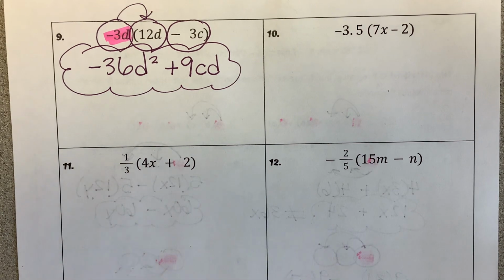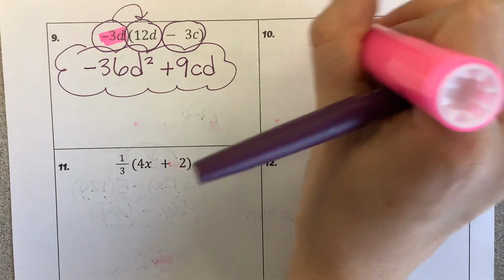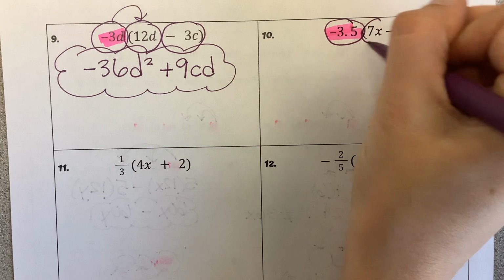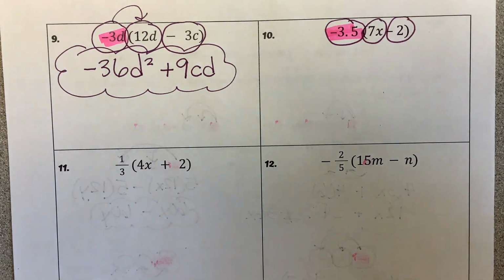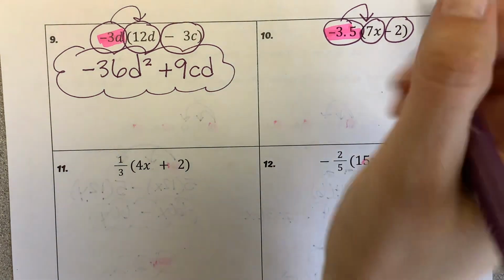Number 10, we've got decimals. Don't be afraid of that. You can work with it the same way. The number we're distributing is negative 3.5 to a positive 7x and a negative 2. Negative 3.5 times 7.